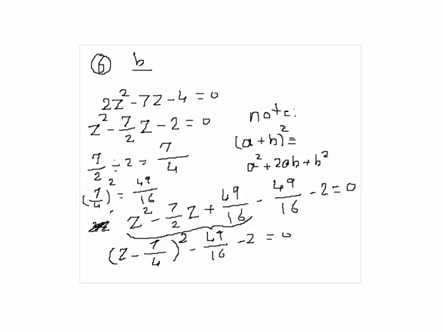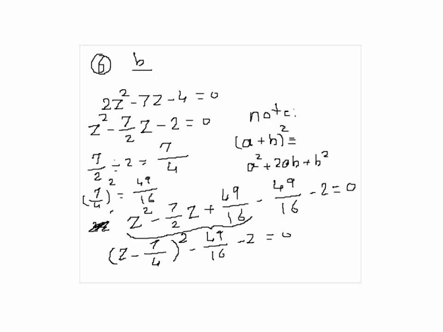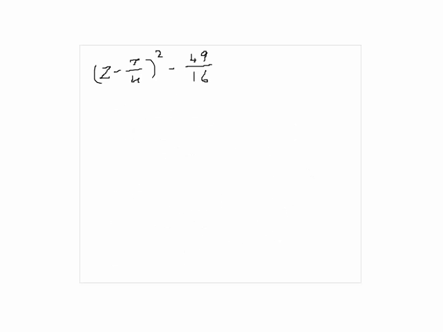I'm going to simplify that part on the next page. So z minus 7 over 4 squared, minus 49 over 16, and I also had negative 2 there, so minus 2 equals 0.